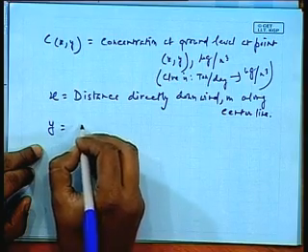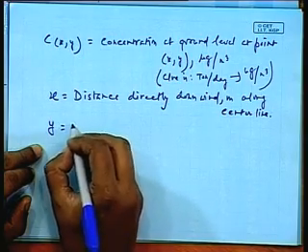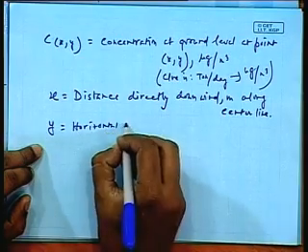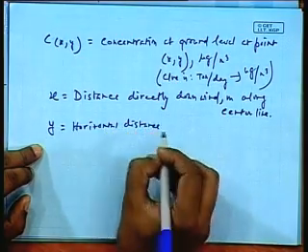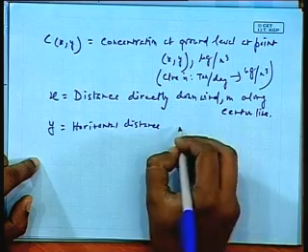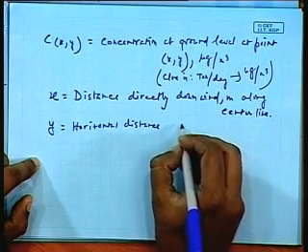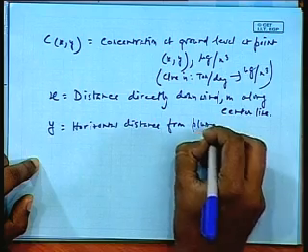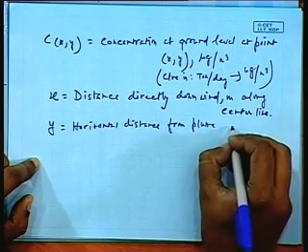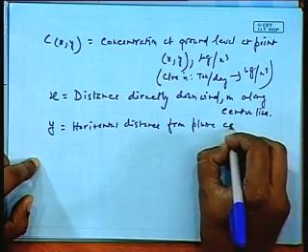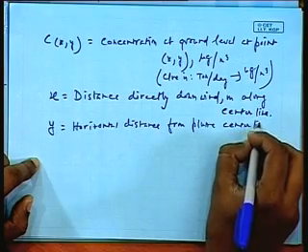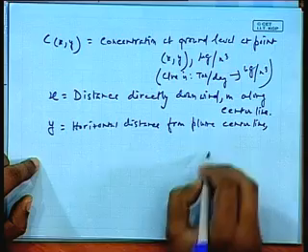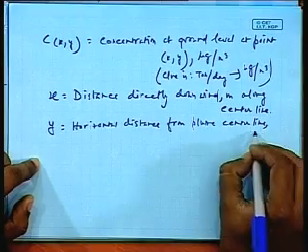Y is the horizontal distance from the plume center line, that is, from the line of x, in meters.